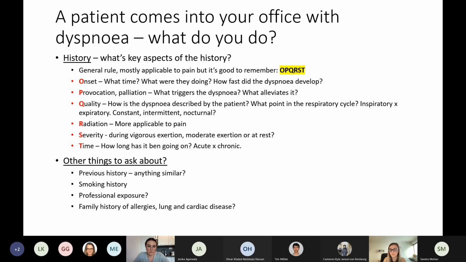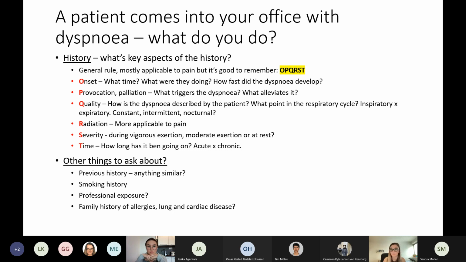So anything similar that you've seen in their history. For example, if we know that they have asthma, or some kind of coronary artery disease, or atherosclerosis, and that's already in their history. Then we have smoking history.